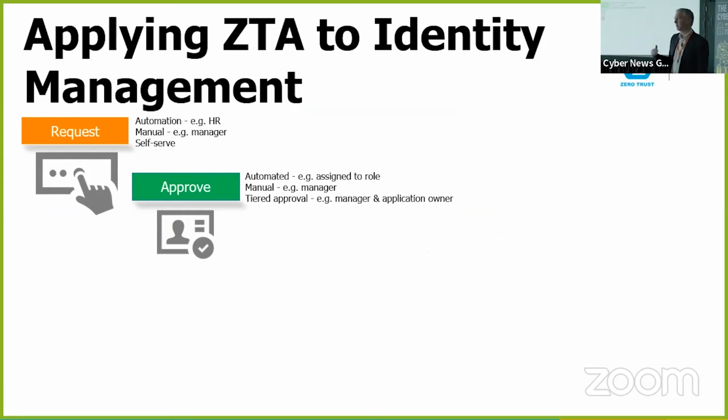And what you really want is a system that gives you the flexibility to say, for certain applications, the manager can approve it. Or maybe for some, it'll be approved automatically. It doesn't need approval. Others may need, say where the user licenses are expensive, the application owner or the project owner has to approve assigning the user those rights themselves.